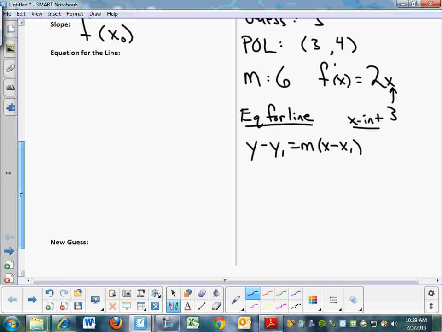Now, let's think about this for a second. The x-intercept, when that occurs, what value do you know? Y is 0. When you cross the x-axis, the y value is 0. So I'm going to write this as x sub 0 is my x-intercept. Okay?